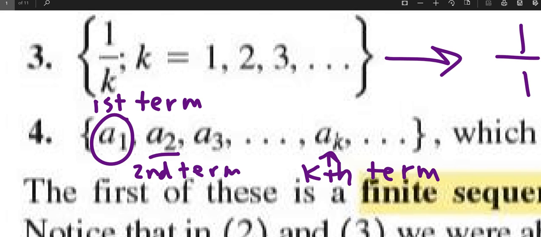Now, all that means is that somewhere out there in the list, the kth term is somewhere in the list. The one after it would be a subscript k plus 1.